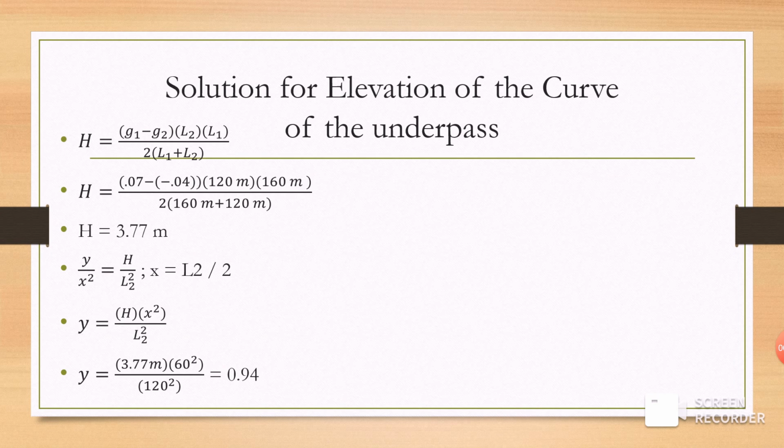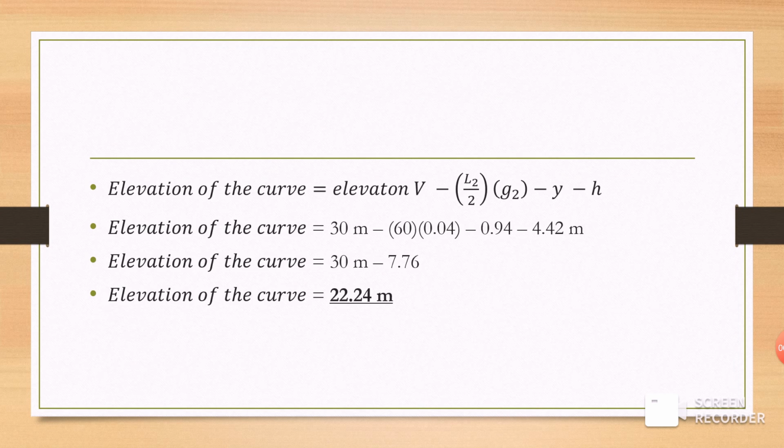Then we can now solve the value of elevation of the curve, which is: elevation of the curve is equal to elevation V minus L2 over 2 times G2 minus y minus h. So substitute.